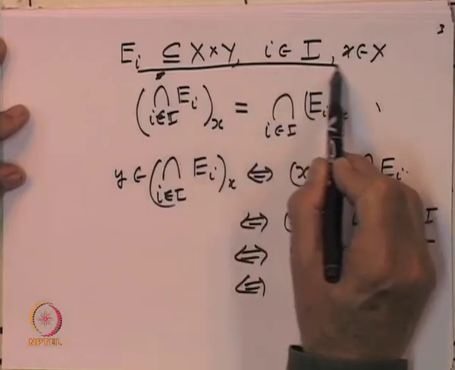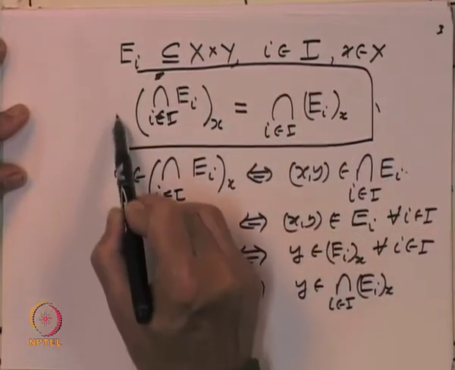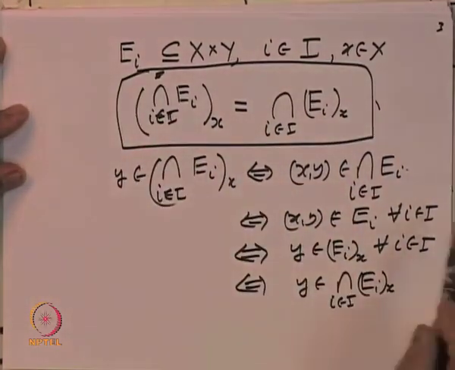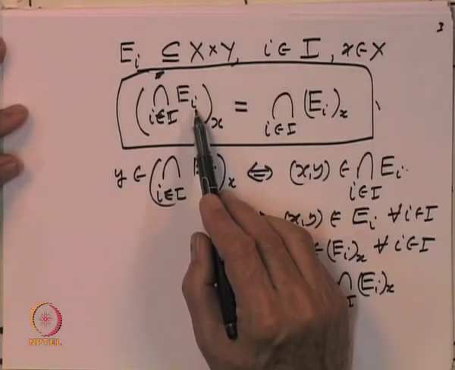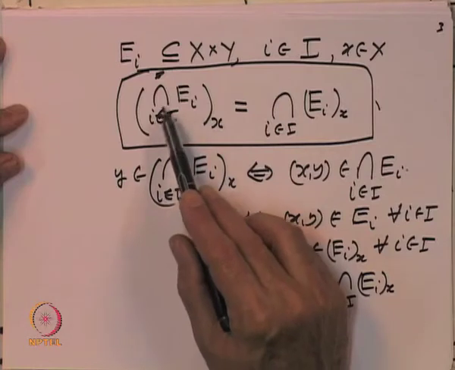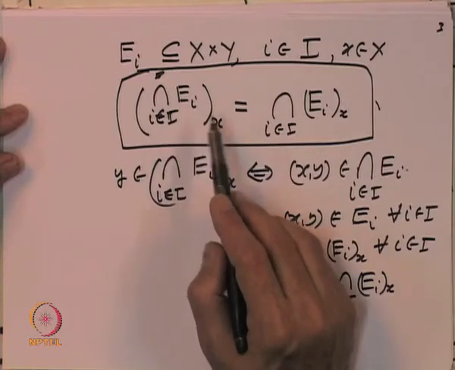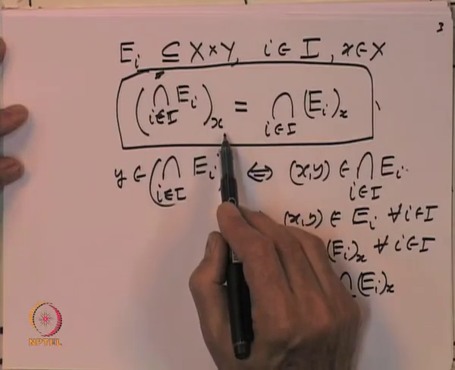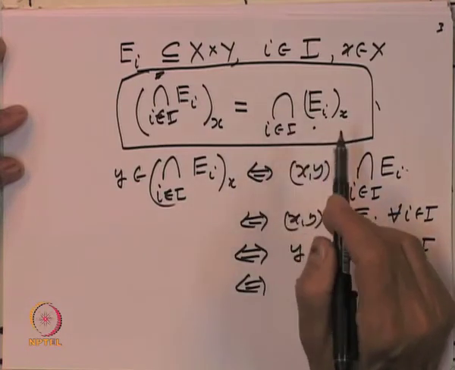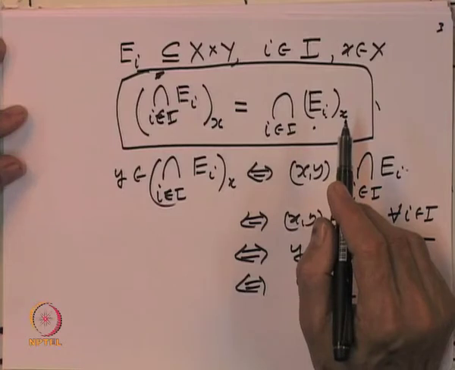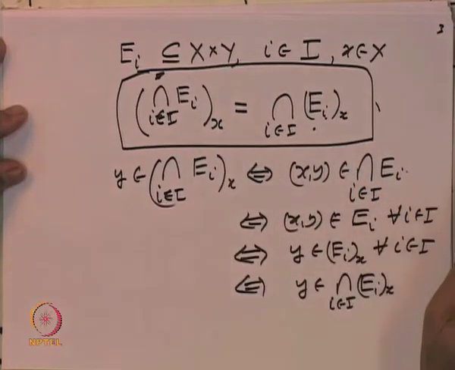Namely, for any arbitrary family of subsets of x cross y, if you take the intersection of these sets and then take the section at a point x, it is the same as first taking the sections and then taking the intersection of those sections. So, this is at a point x in x.